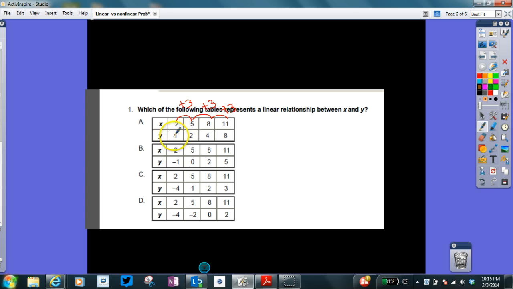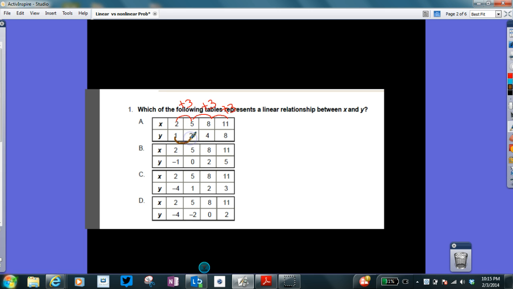If I look at my y, from 1 to 2, that's plus 1. Now, if this is going to be linear, when I go to my next rate of change from here, I should be able to add 1 and I would get 3. That doesn't match. So I know A cannot be linear.